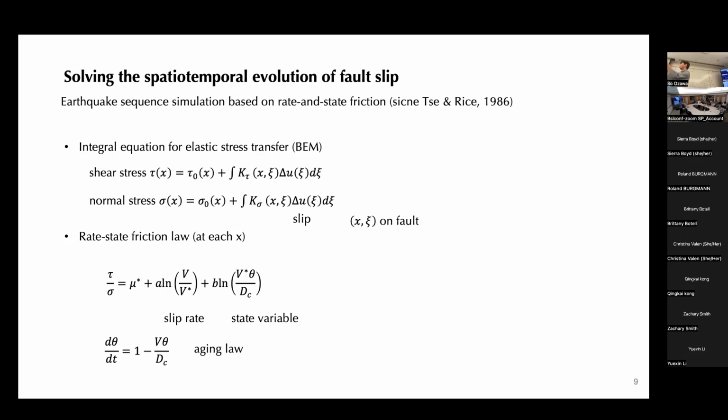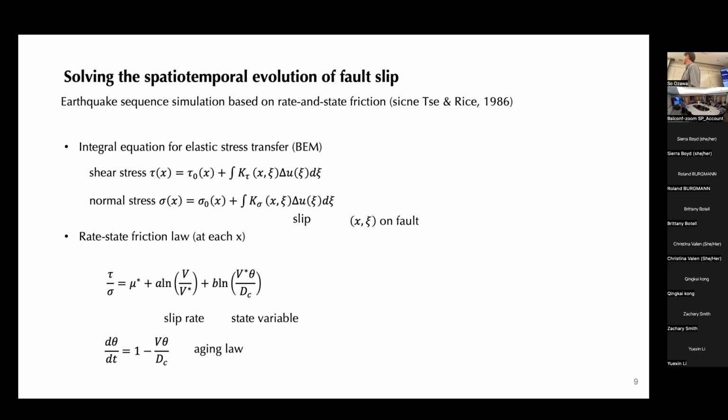If one part of the fault slips, this slip affects the stress at another point. There is a convolution or integral describing this remote interaction of stress via Green's function. This elasticity equation is coupled with rate-and-state friction, which determines the frictional boundary condition at each point on the fault.